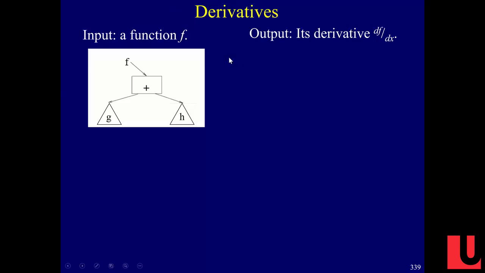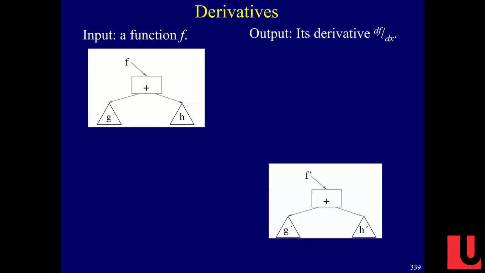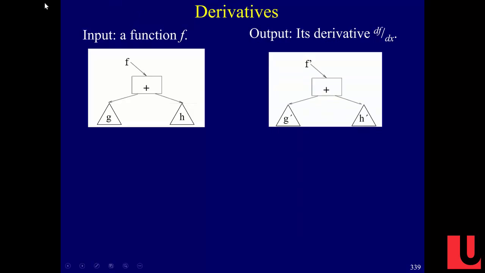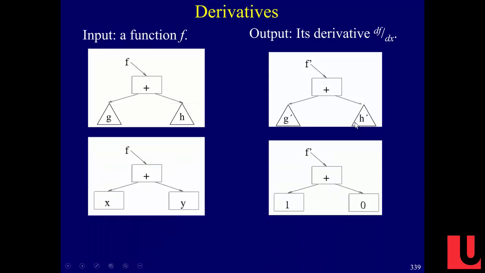And then now we can build the derivative. So if our f looks like this, it's a plus with some big left and right tree, then what's our derivative? The derivative is the sum of the derivative of g and the derivative of h. Everybody buy that? And there's just a little example.